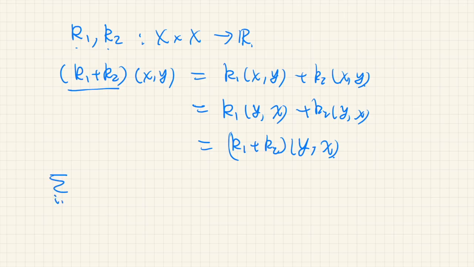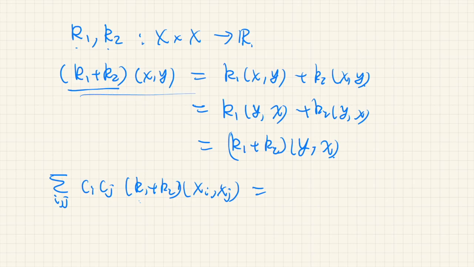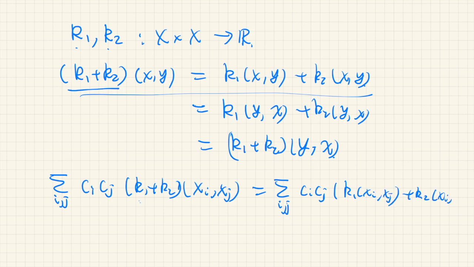Take the sum over i, j of ci cj (k1 plus k2)(xi, xj). By the definition of k1 plus k2, this is equal to the sum of ci cj times k1(xi, xj) plus k2(xi, xj).